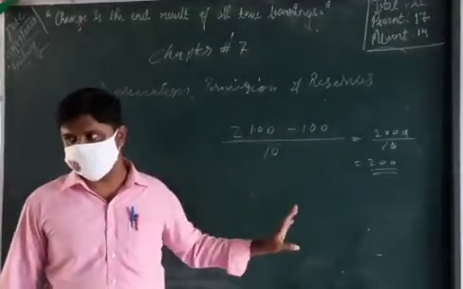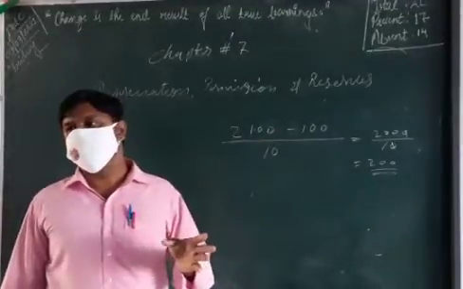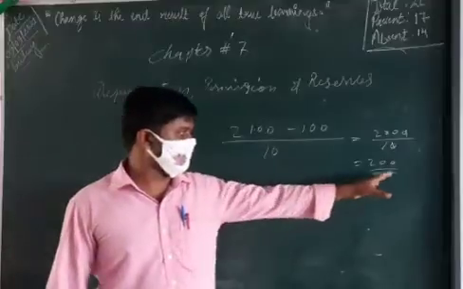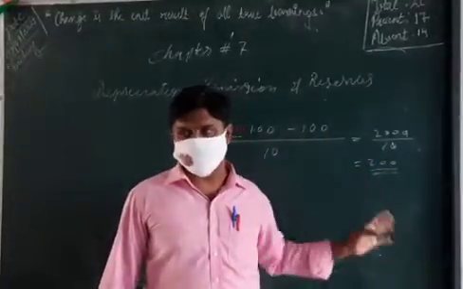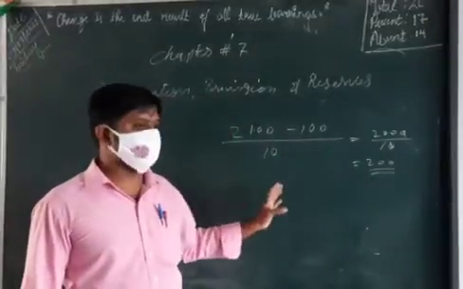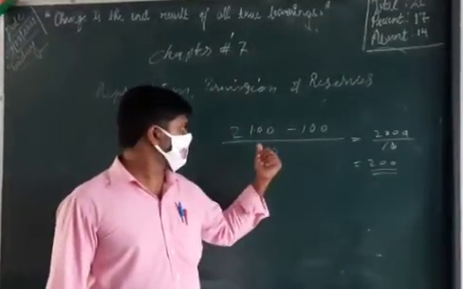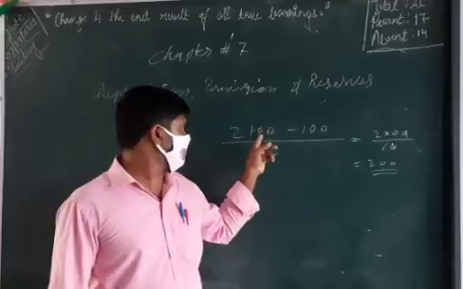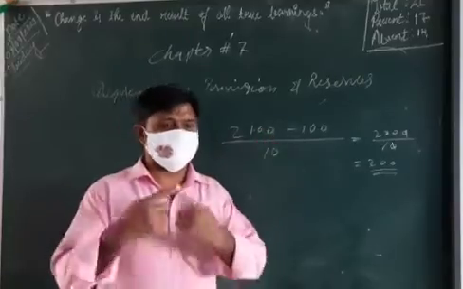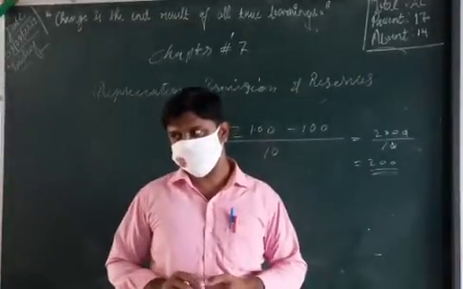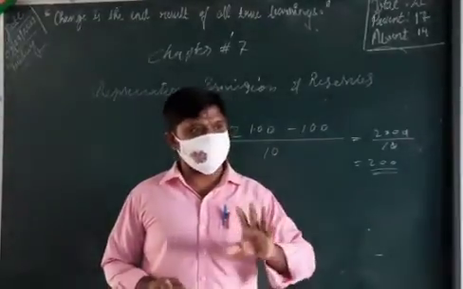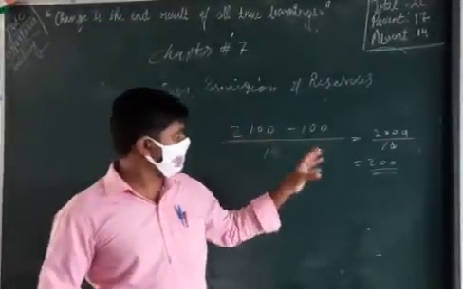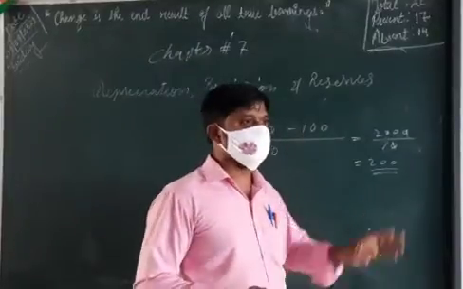That means in each year we need to write off 200 as depreciation for this board. Each year, the same amount. There is no variation in that depreciation amount. Every year we reduce 200, 200, 200. By the end, this becomes 0 or comes to 100, and at that price we can sell it. Clear now? Yes. Finally, only 100 rupees will remain in the book.